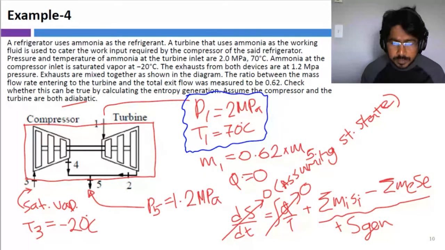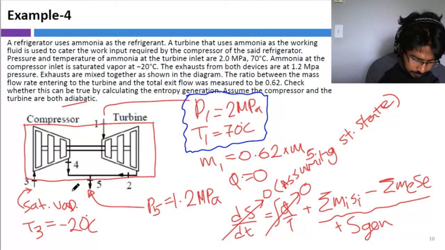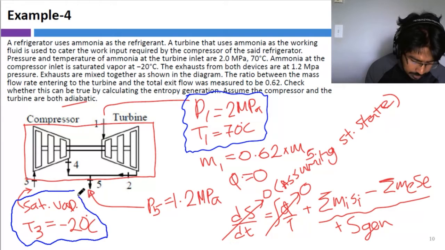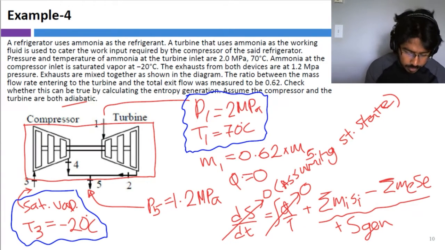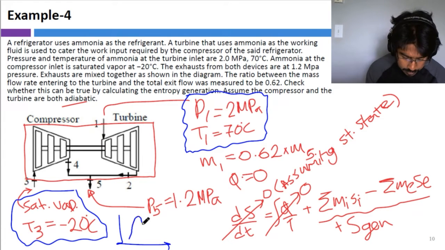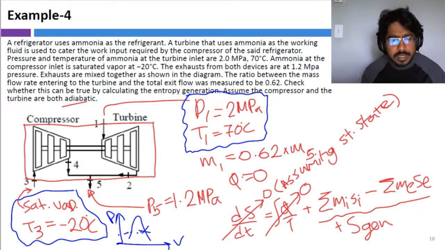State 1 can be easily found. And state 3, it says saturated vapor and the temperature is given. Can we find the properties at state 3 straightforwardly from the tables? We know it's going to be on the saturated vapor line and the temperature is given, so we can find this state as well using the property tables. It's not going to be difficult.